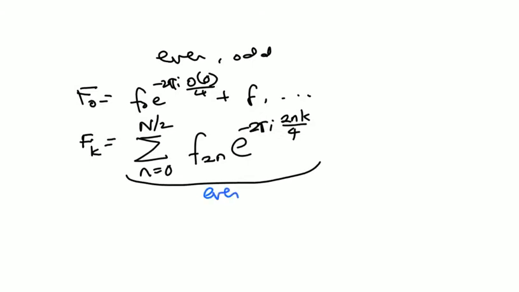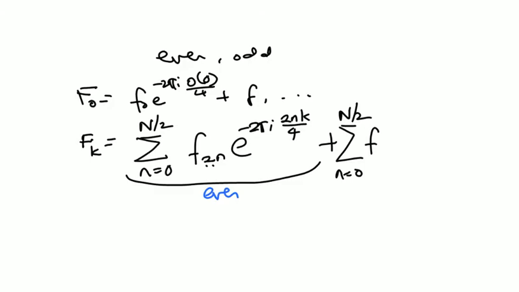Now let's look at the odd part. Again, because we split the expression nicely into two, the even part and the odd part, this shall be N over 2, correct? N equals 0, and then we have f. For the even part, we have here 2n. For the odd part, let's just do some common sense thinking.